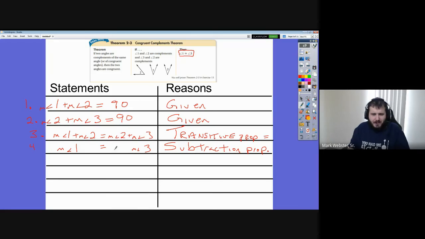Because I subtracted angle 2, now they're equal. And whenever you've got two angles that have equal measures, you know that those angles are congruent. That's just the definition of congruence. And that's what we wanted.